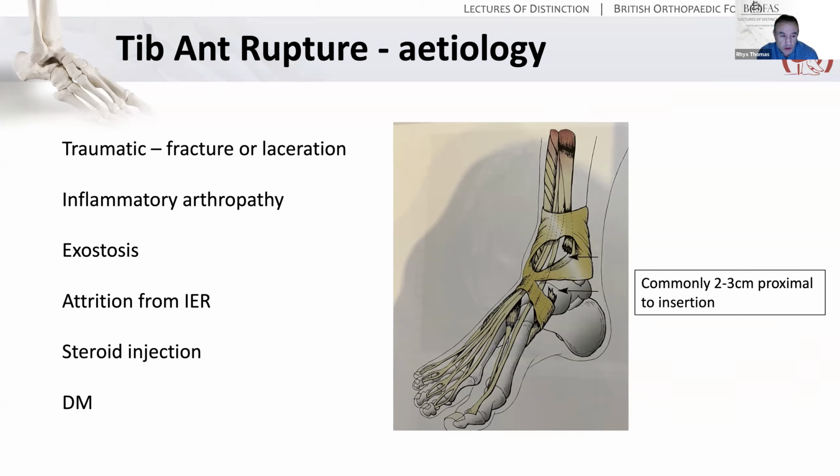Obviously, an exostosis in this area, attrition and avascular watershed from the inferior retinaculum, steroid injections, which we probably should not be doing around any of these tendon areas, and it's also more commonly reported in patients with diabetes.